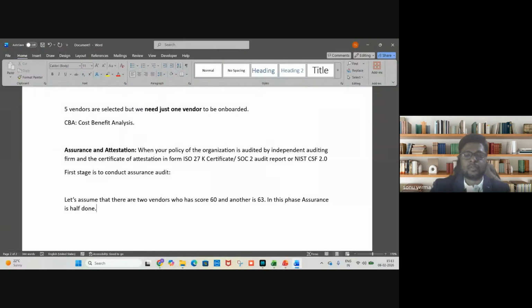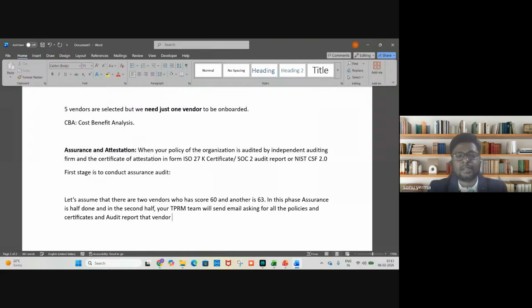Now in the second half, your TPRM team will send an email asking for all the policies and certificates and audit report that the vendor has said yes, they have.